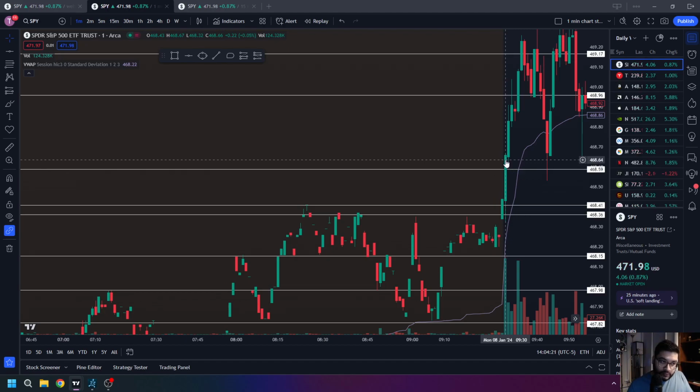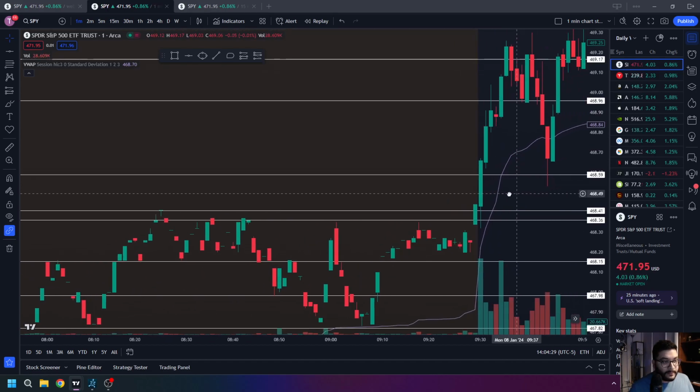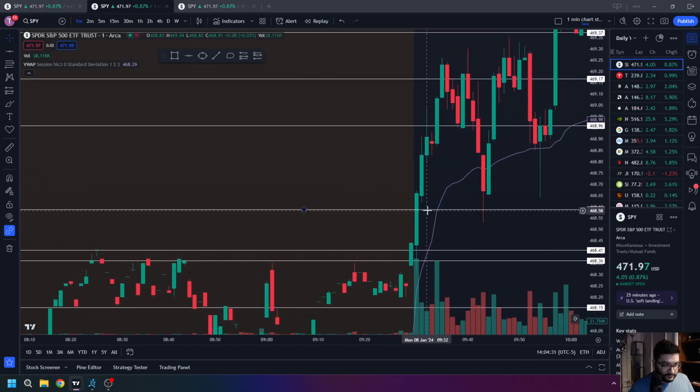So this 468.59 resistance turns into a new support. That's what my analysis was, and my profit target was the next line, which was at 468.96. So from 468.58 to 468.96. That's what I was looking at.